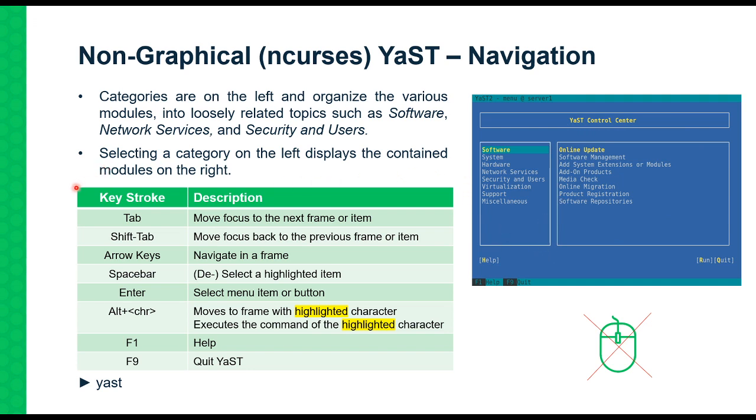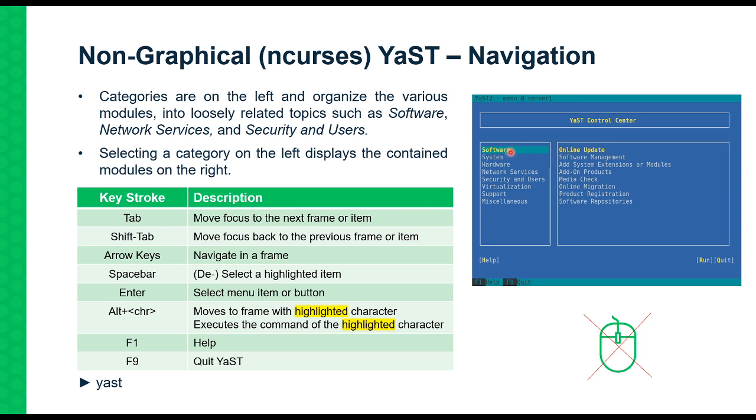To navigate the non-graphical version of YaST, we cannot use a mouse, but we can use our keyboard function keys. The first key we use is our tab key. This moves the focus from one frame to the next frame or to the next item. So this is currently our focus there where the blue line is.